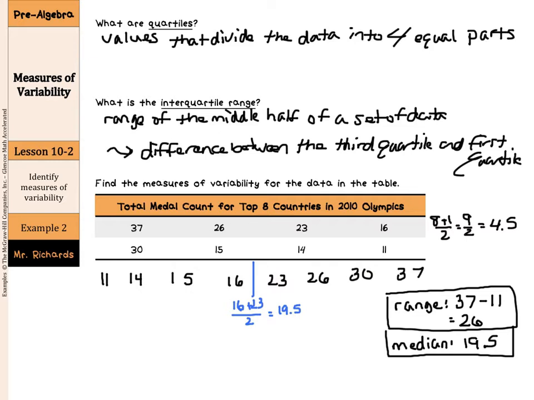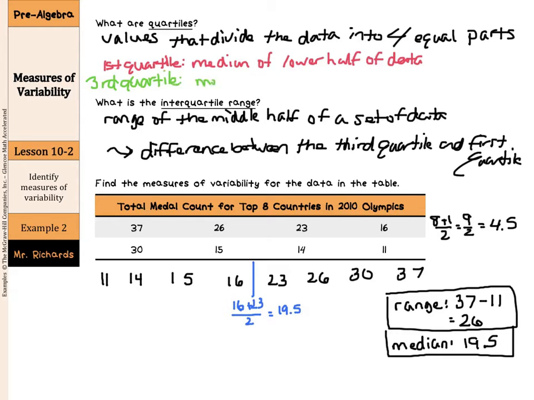So if we wanted to define these, the first quartile is the median of the lower half of data, and the third quartile is going to be the median of the upper half of data.